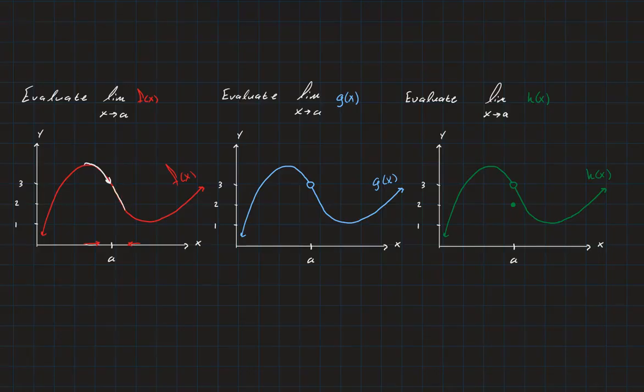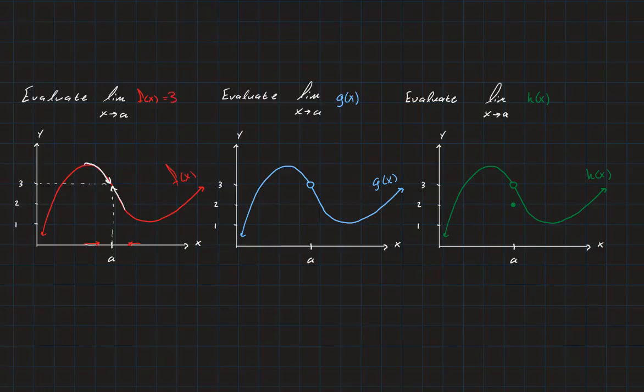I approach a from the right, and I get this behavior. You can see that this function is tending toward the value 3 as I approach a from the left and from the right. So the limit as x approaches a of f of x is going to be 3.